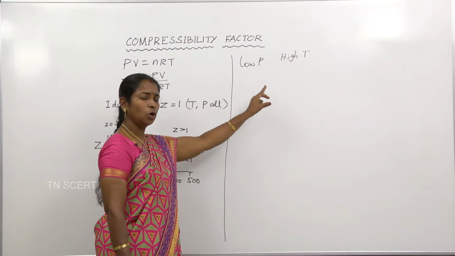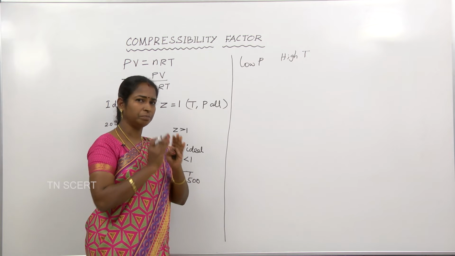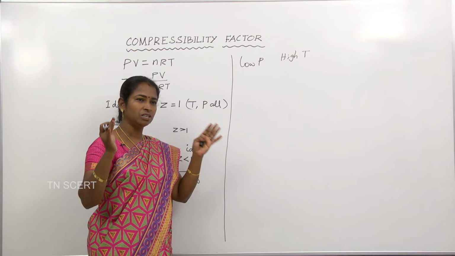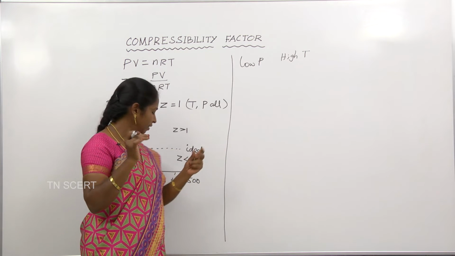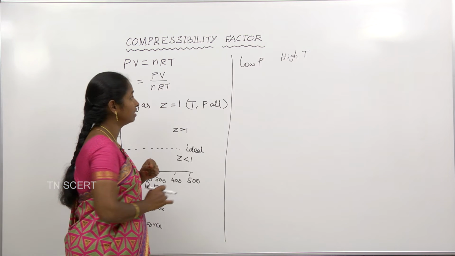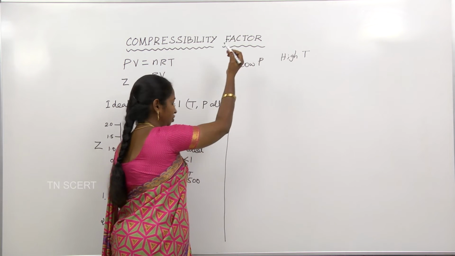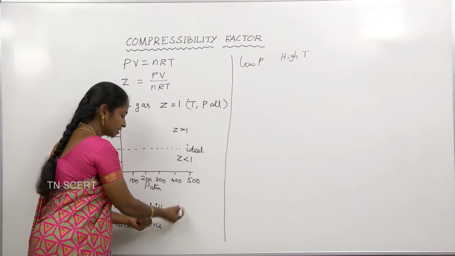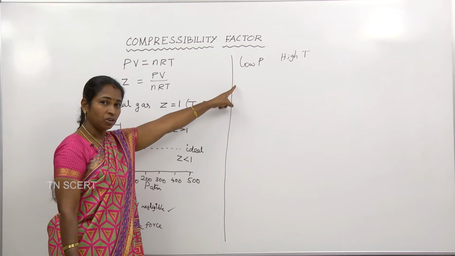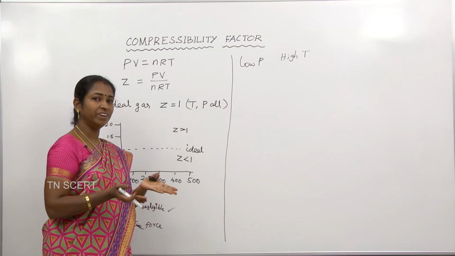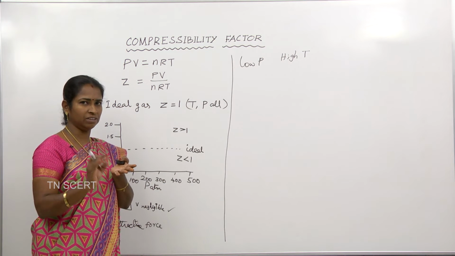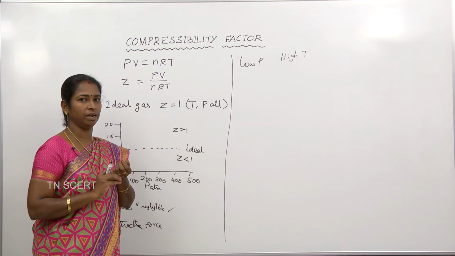What happens at low pressure? Imagine the pressure is very low, so the volume will be very high. So, comparing with this volume, the volume occupied by an individual molecule is negligible, is it not? So, under low pressure, the first condition is satisfied by a gas. The total volume of the gas is very high, so you can neglect the volume occupied by an individual molecule.